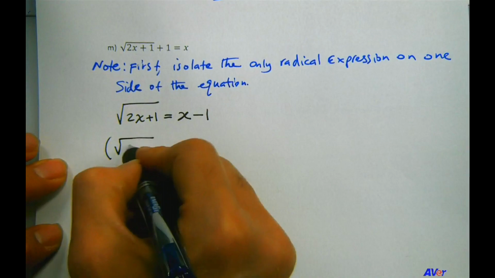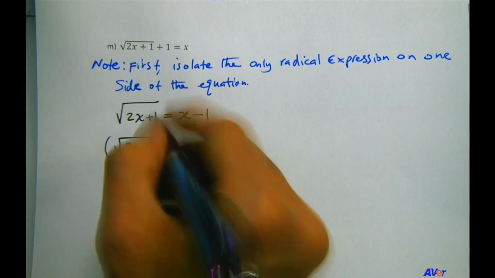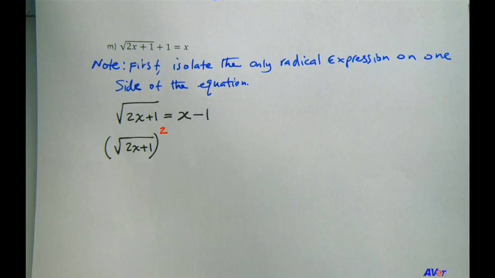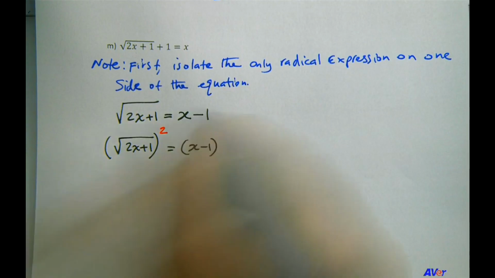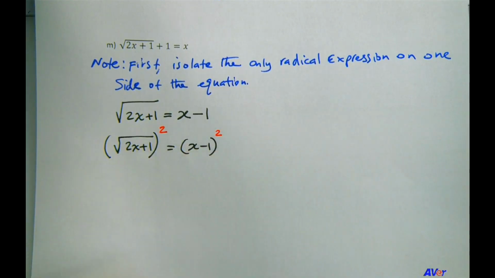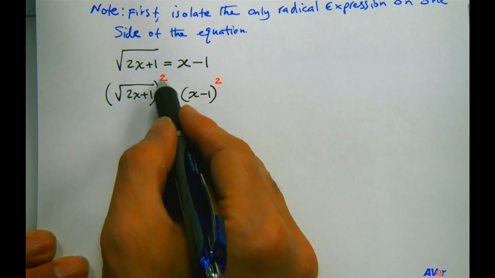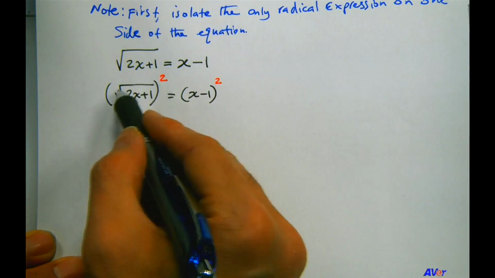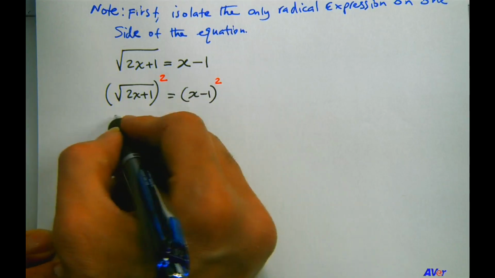So the square root of 2x plus 1, squared, equals x minus 1, squared. Now on the left, things are becoming very easy, right? The 2 and the index of this root, which are equal to each other, cancel each other out.